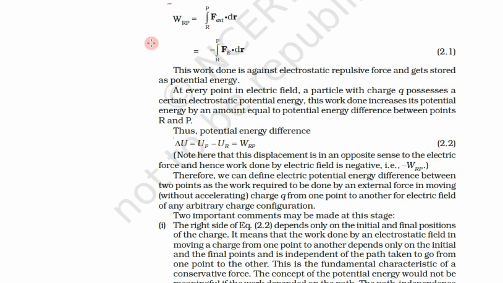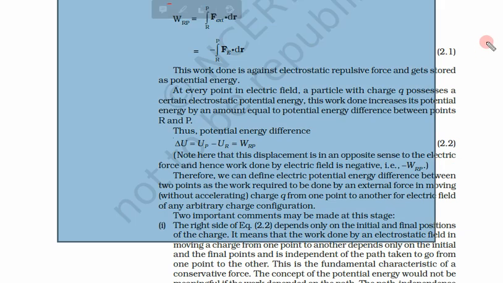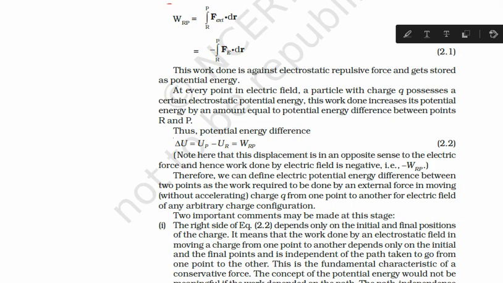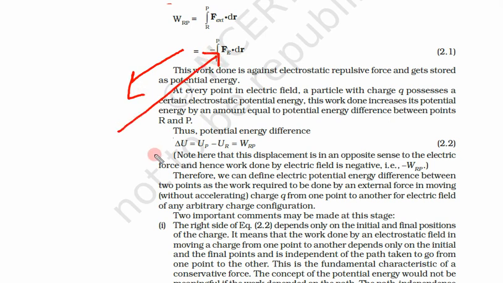We are moving the particle in this sense, and this electric field is outward and the particle is coming inward. So the work done by the electric field is negative. Because we are moving the particle in this direction and the electric field is working outwards, the work done by the electric field is always negative.